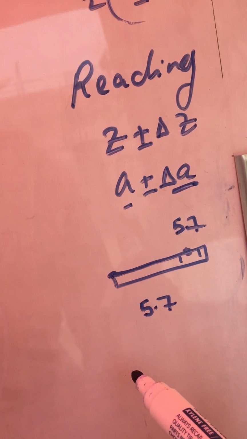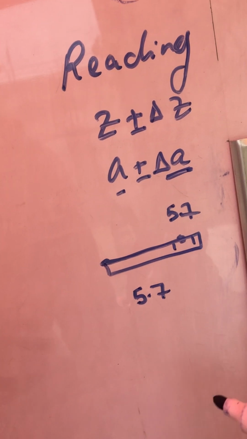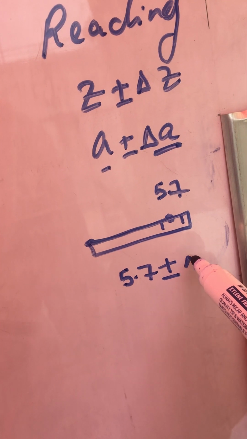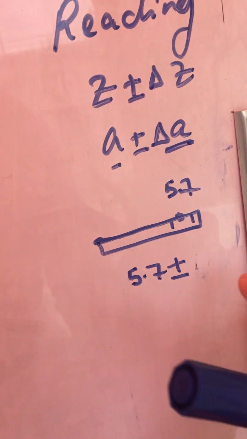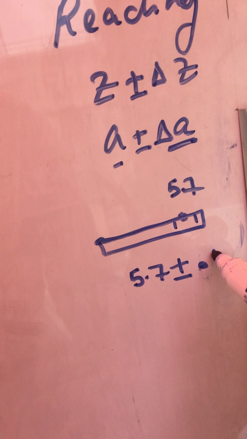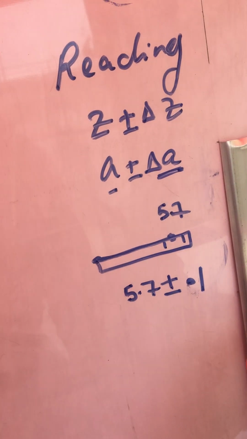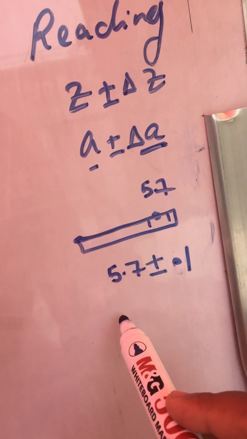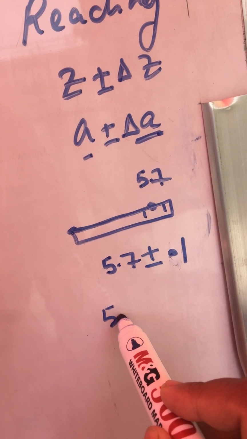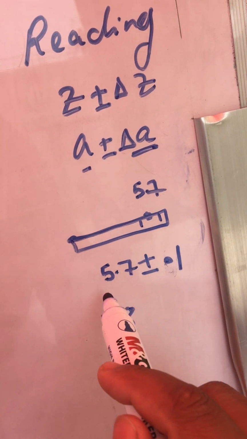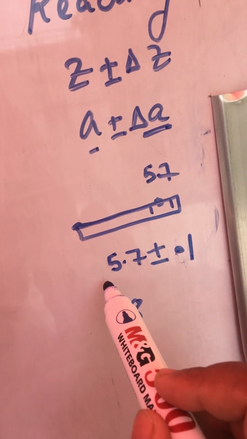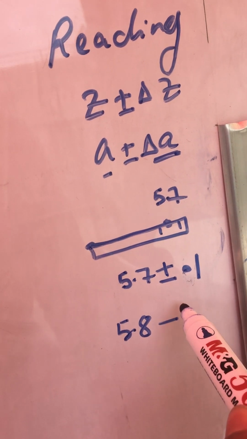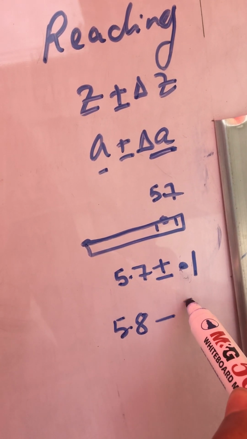Now the uncertainty in the reading can be plus minus 0.1, because in a centimeter scale the smallest division is 0.1 centimeter, right? So the maximum possible reading of that 5.7 can be 5.8, and the minimum, when you subtract, is 5.6.